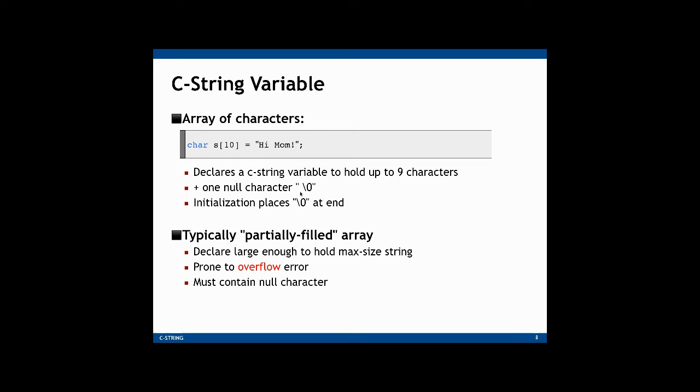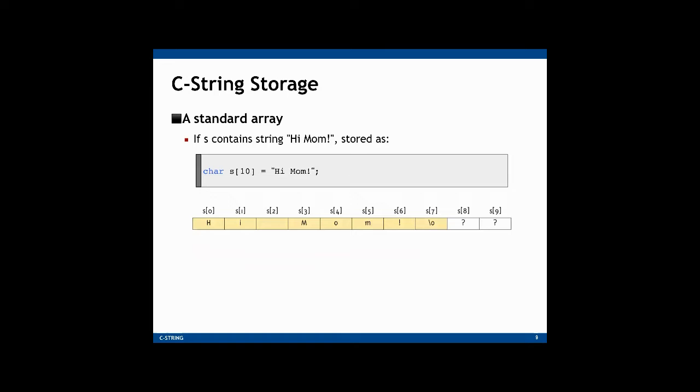And a C string variable is a partially filled array of characters. So here this array stores the string "Hi Mom!" with an exclamation mark. This is a C string. So this s stores "Hi Mom!", and the array elements are filled as shown here, starting from index 0, not 1, from index 0 to 7.